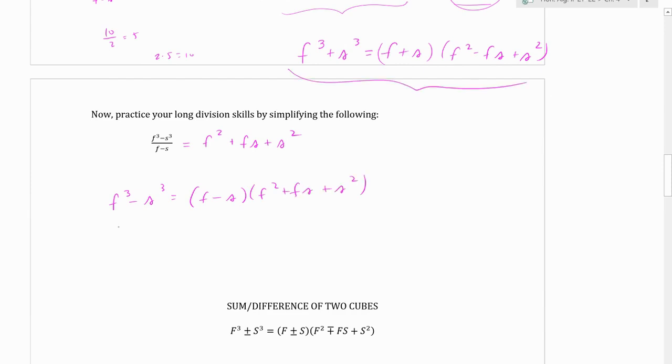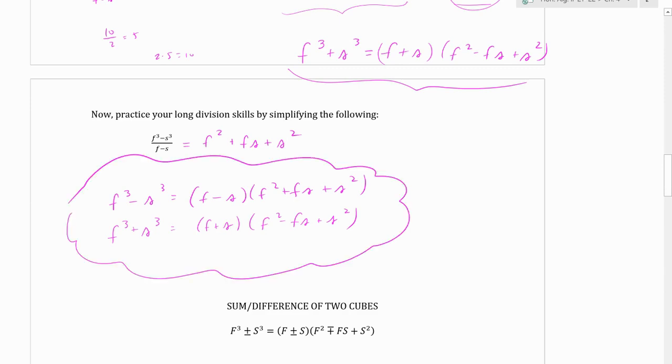And I already knew this one. And these are the way you factor the sum or the difference of two cubes.